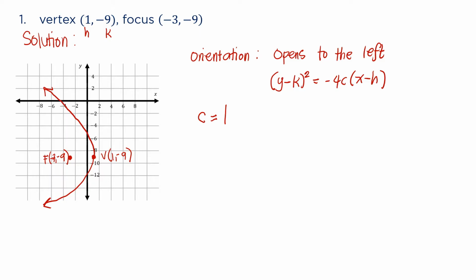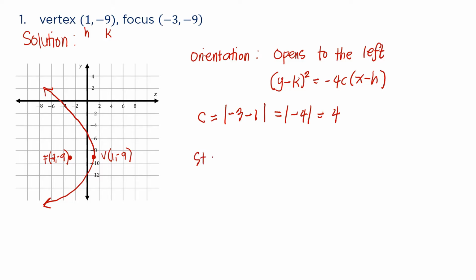Here we subtract the x-coordinates: -3 - 1. You can reverse them; we will arrive at the same answer. So you have the absolute value of -4, or just 4. So we now have the values of c, h, and k.